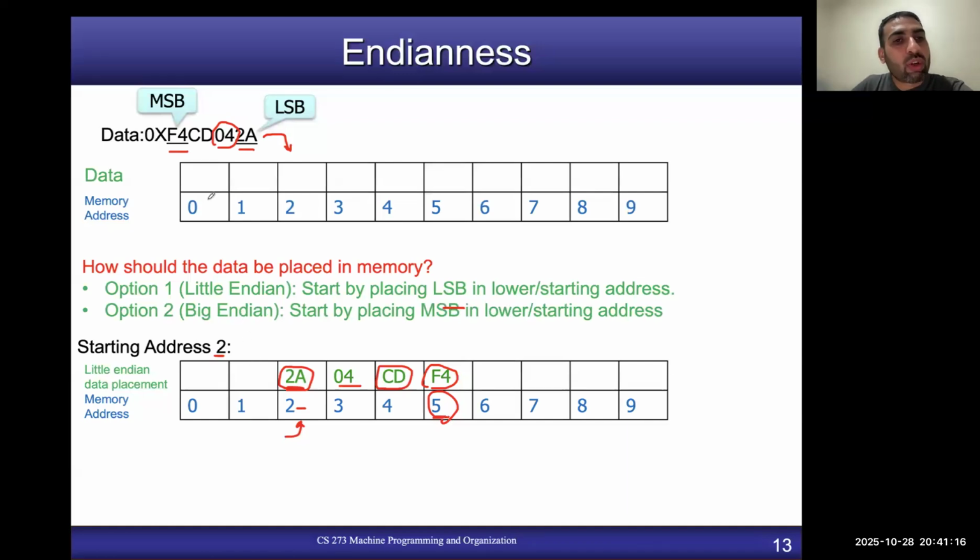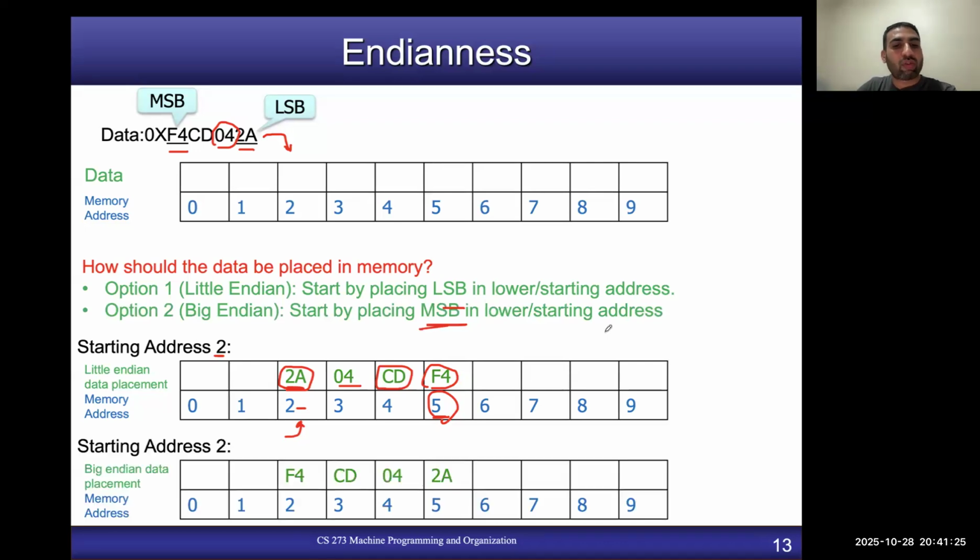The other option is that when you are putting the data in the memory, you can start by placing the most significant byte first in the lower or starting address. For example, we place exactly the same data, but using option 2, big endian. First we place the most significant byte. If our starting address is the same, 2, first we put the most significant byte, which is F4, then the next, less significant byte CD at address 3.